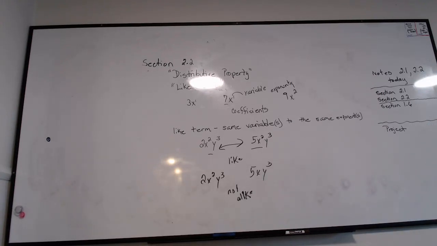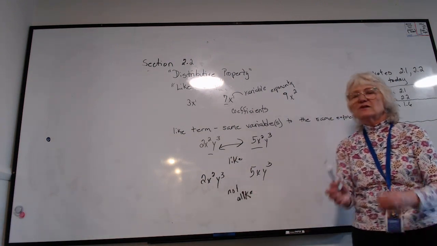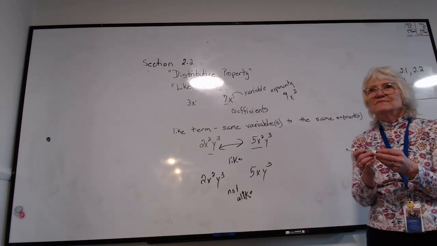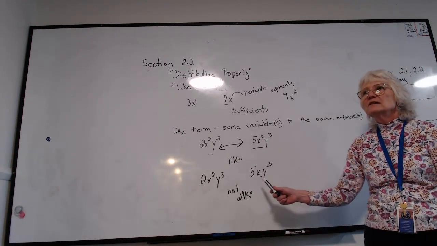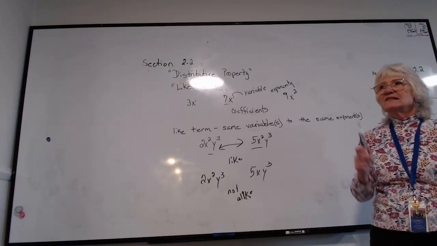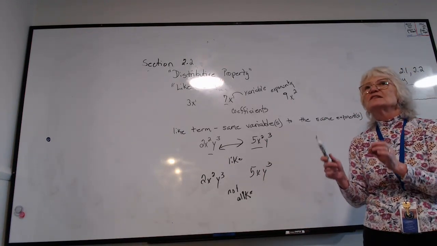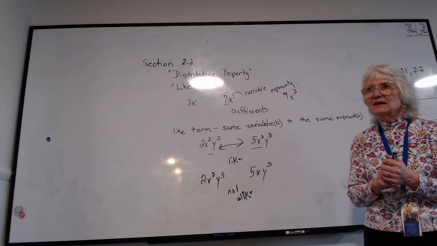What makes them not alike? Between these two, what makes them not alike? It's not x squared. Yeah, this would have to be squared. So they have to have the same exact variables and the same exact exponents on those variables. Otherwise, they're not like terms, okay?